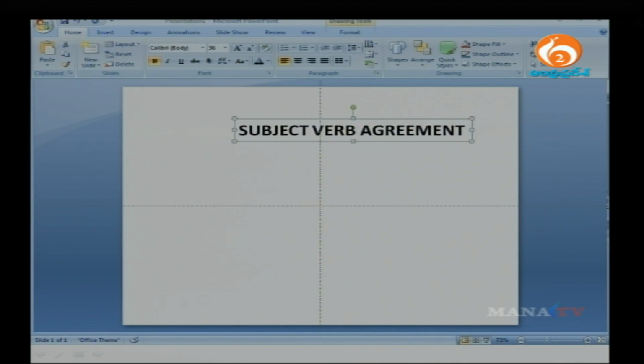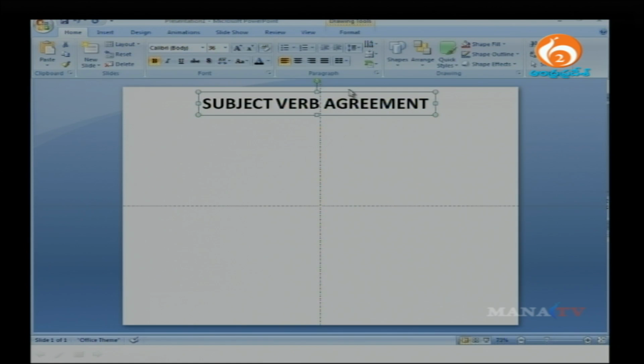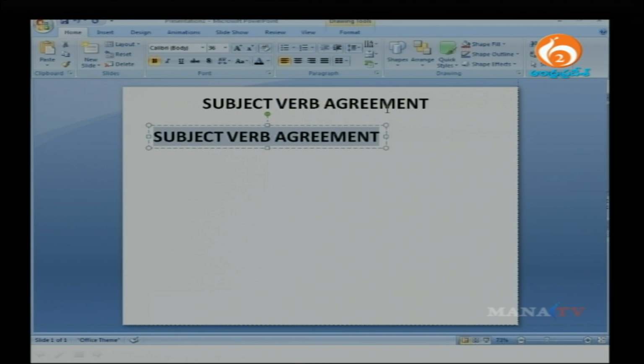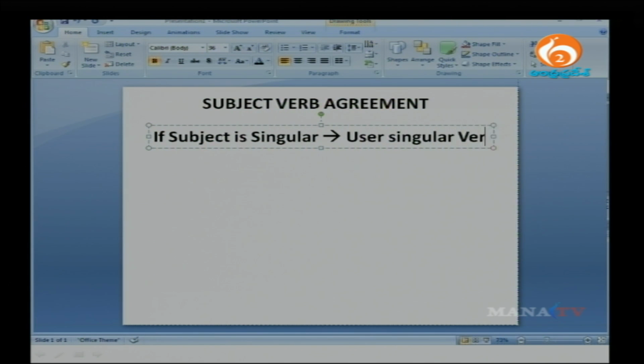So, subject verb agreement, when we talk about it, what exactly do we mean? If the subject is singular, use singular verb.